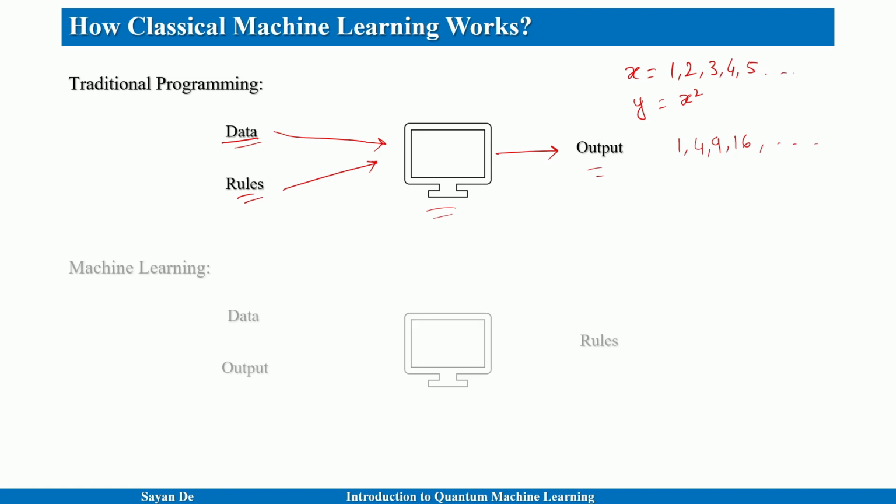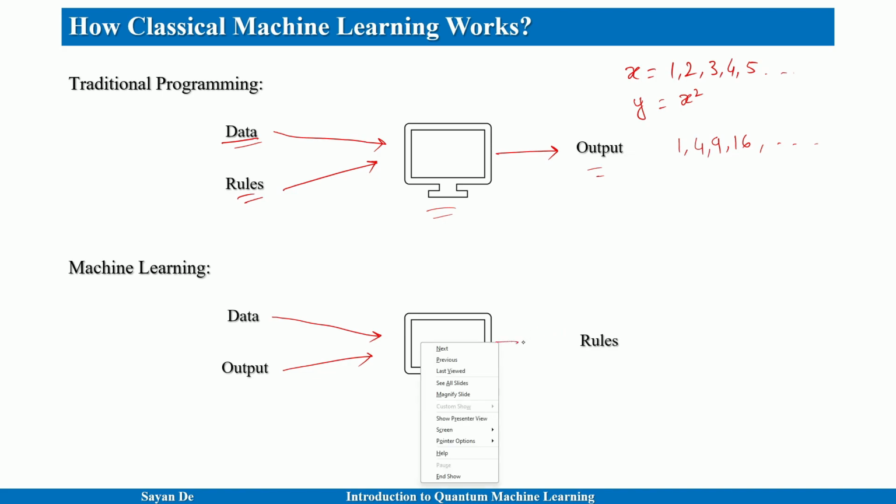Now what about machine learning or classical machine learning? Now things get interesting here. Maybe we have a system like this. Now we are providing the data and we are also providing the output here, and we are asking this computer to generate the rules between this output and data.